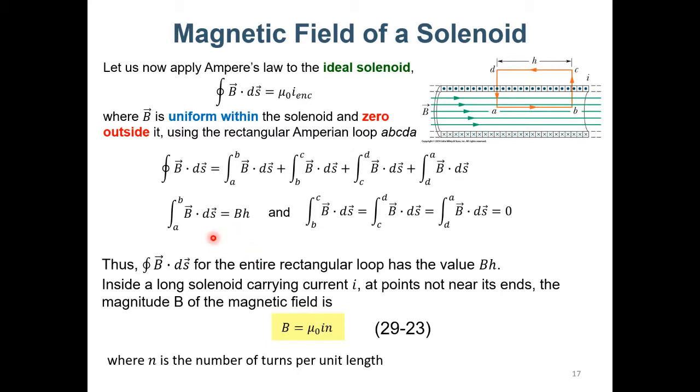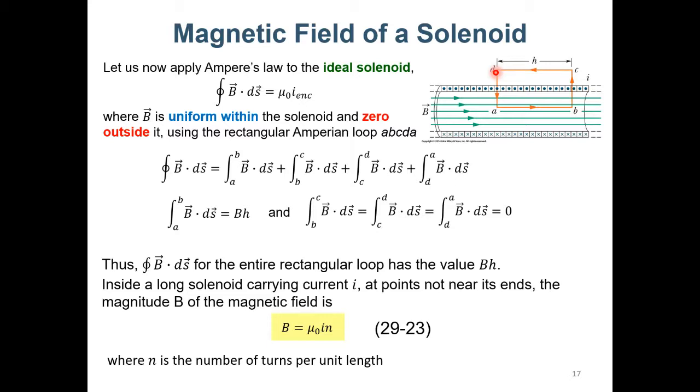Okay, pretty simple. So we have the left-hand side of Ampere's law to be B times h. And for the right-hand side, we need to calculate the current going through this loop. This loop is counterclockwise, so we need to count the current going out of the page.